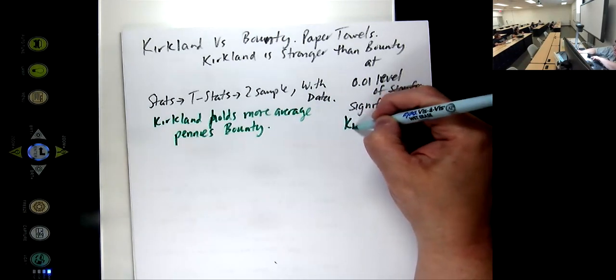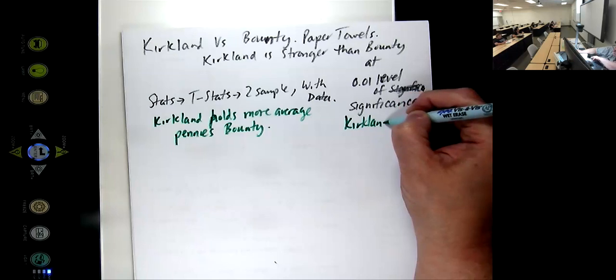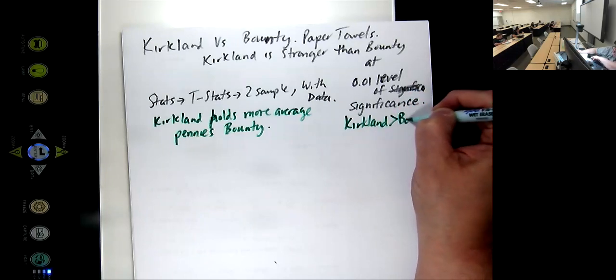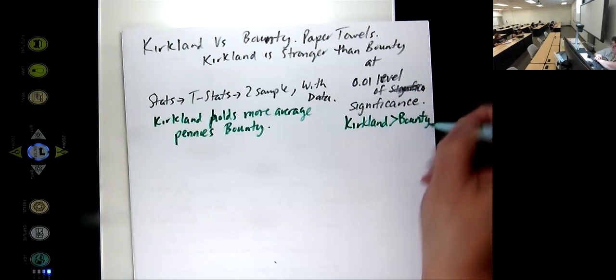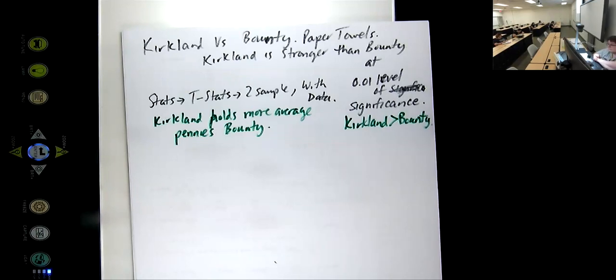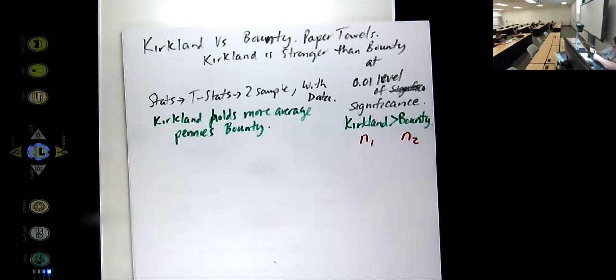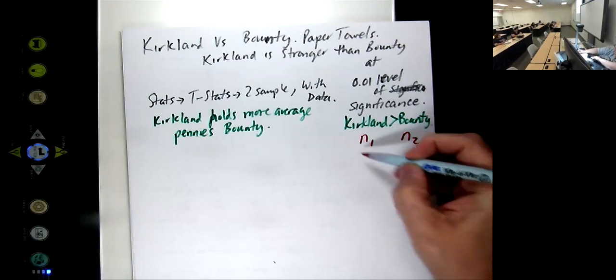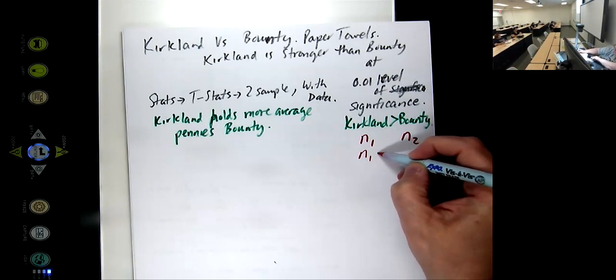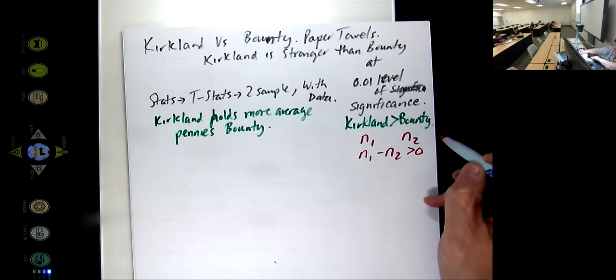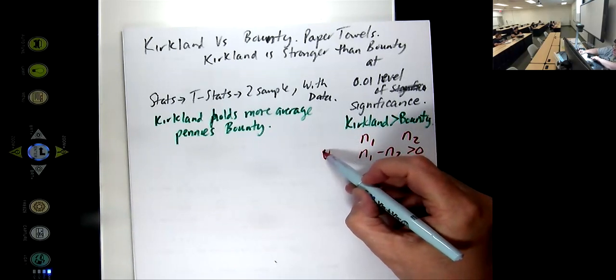Which means Kirkland results should be greater than the Bounty results. If I make this my group 1 and this my group 2, then mu1 minus mu2 is greater than 0. That'll be HA.